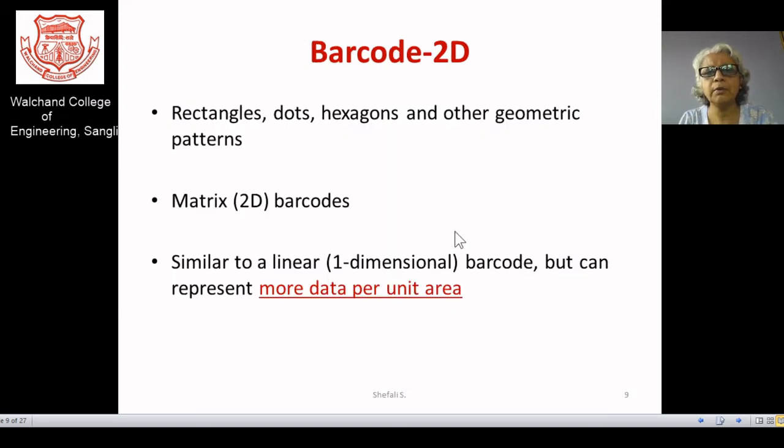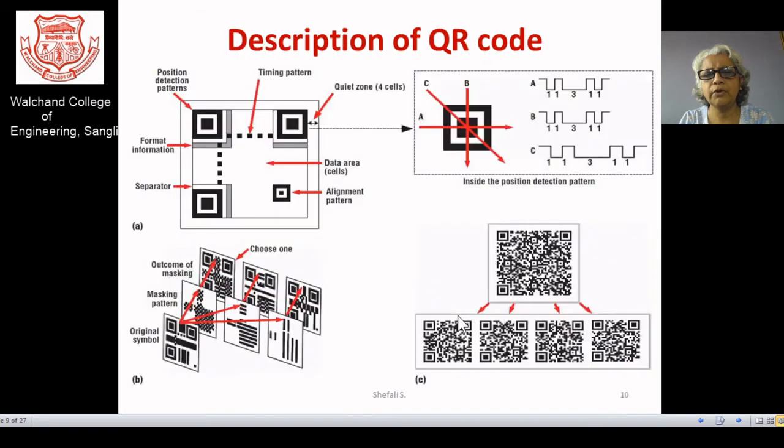I was talking about the 2-dimensional barcode, and there are various 2-dimensional barcodes. One of the popular ones is the QR code, the quick response code. In the QR code there are certain alignment positions.